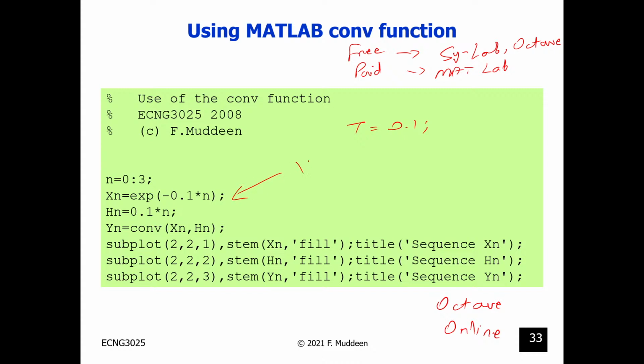For instance, x of n here, where you got the exp of negative 0.1 by n by t, and so forth. The same thing for h of n. H of n there would need to be 0.1 by n by t. So that's the only correction you'll need to make if you actually want to apply the convolution, for example.